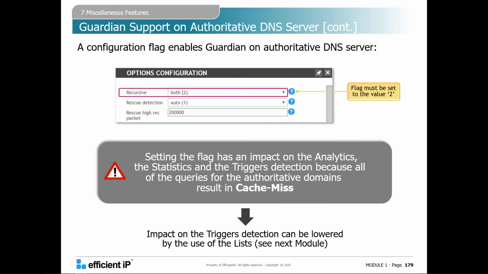We have seen some issues with not configuring this flag properly, where the authoritative answers are not being responded to. So this is one of the things that we need to take note of when you deploy both authoritative and recursive on the same appliance.